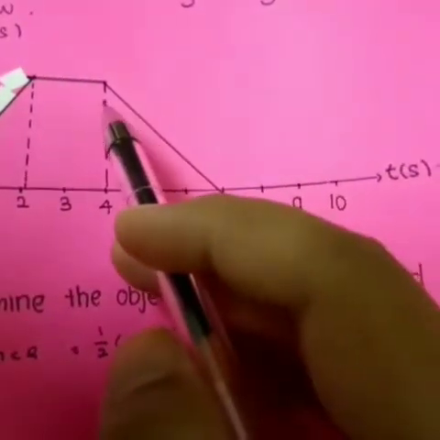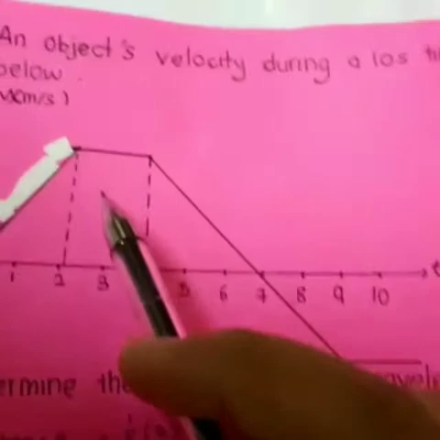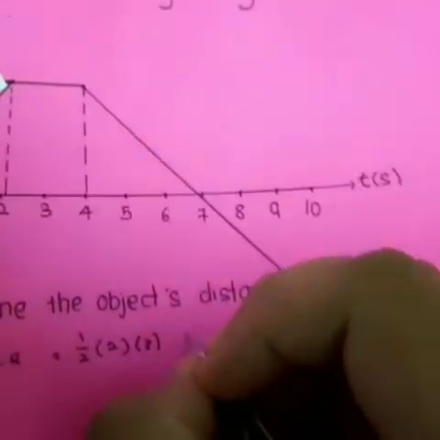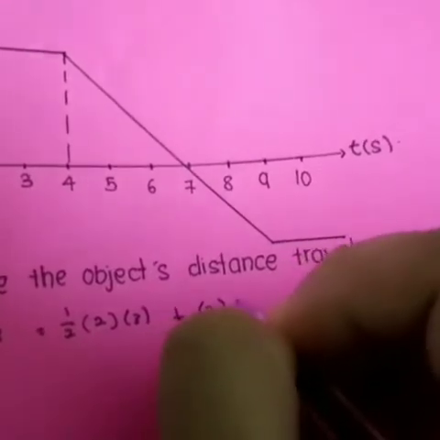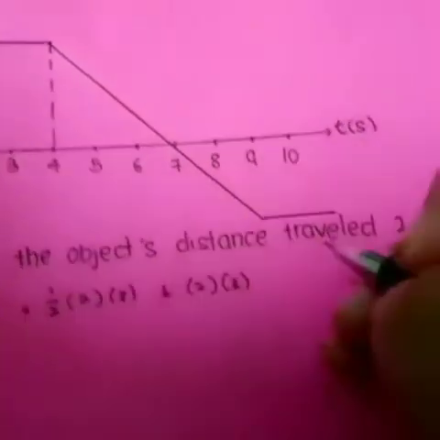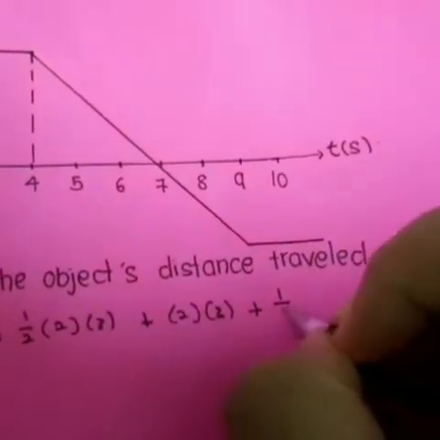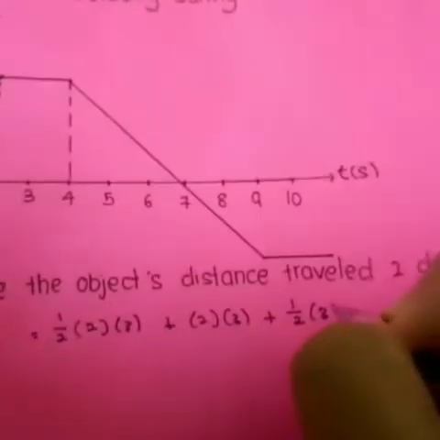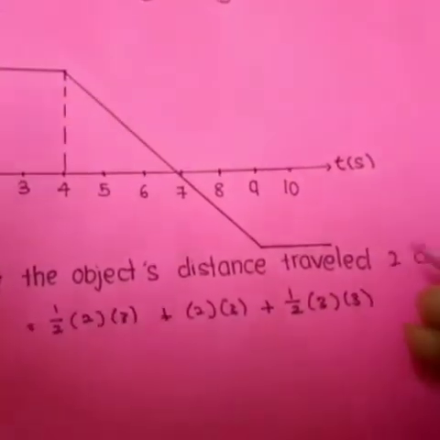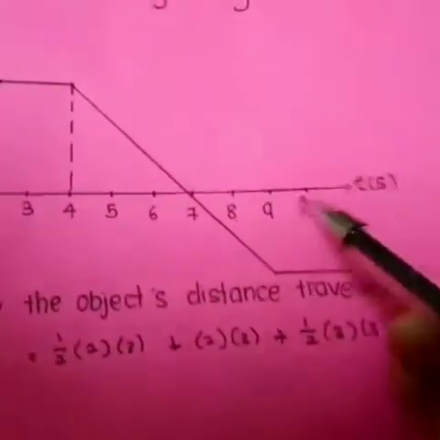So second we need to use this formula, so we need to plus 2 times 3. Then next triangle, which is half times 3 times 3, plus another triangle, which is here.